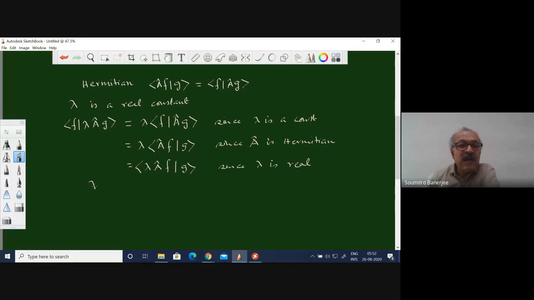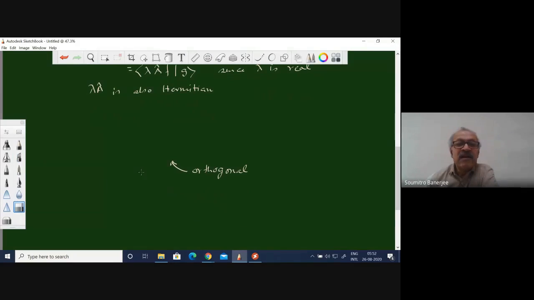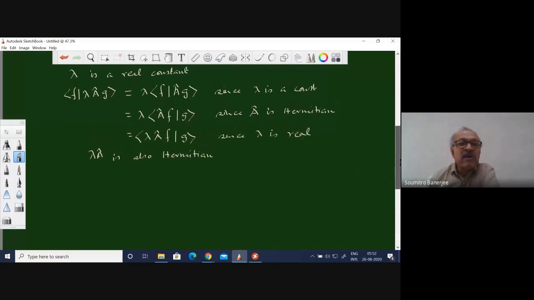So a real number times a Hermitian operator is also Hermitian. So we can multiply a Hermitian operator by a real number, and when we do that, we will get a Hermitian operator. This was rule number 1.